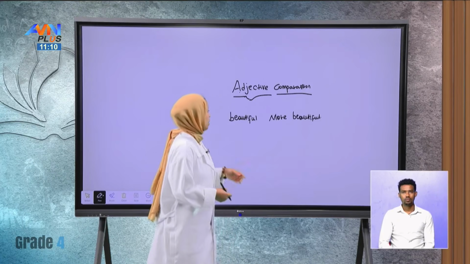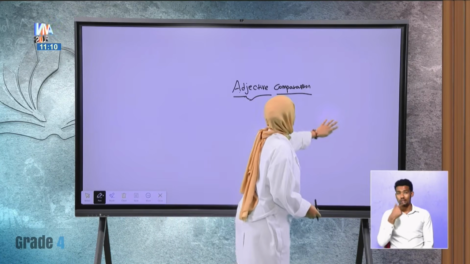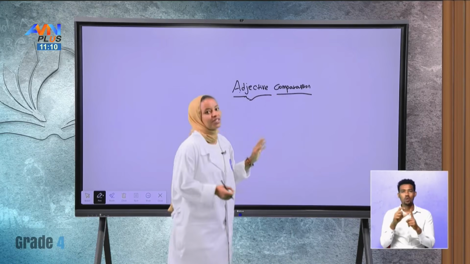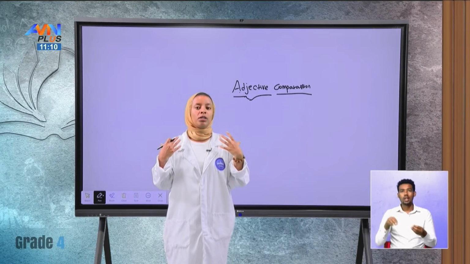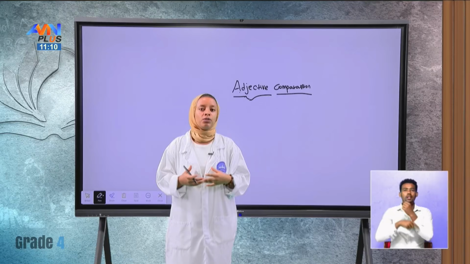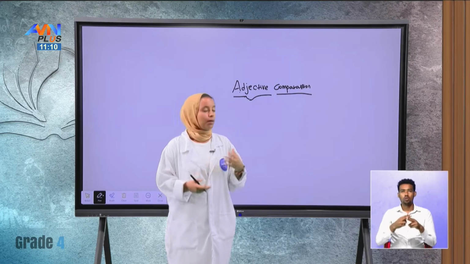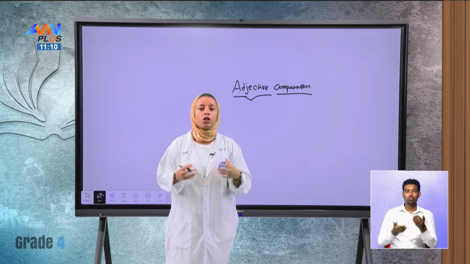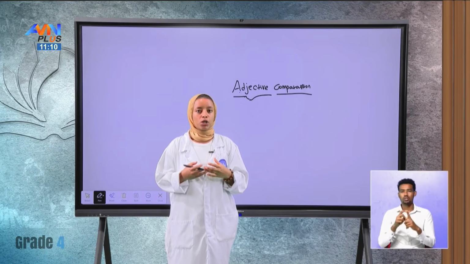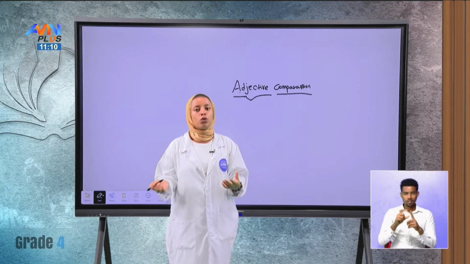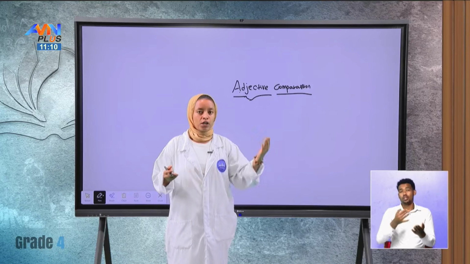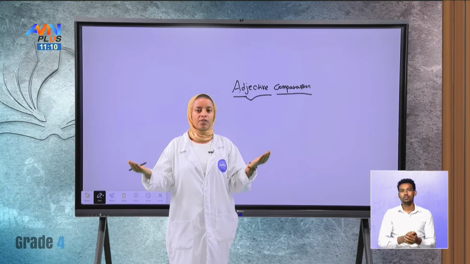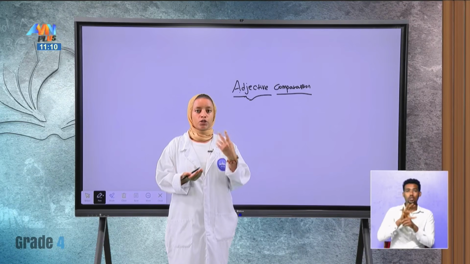So students, adjective is a word which describes a noun and gives more detail and more information about a noun. When we come to comparison, using comparative words, we can have two comparisons in an adjective: comparative adjective and superlative adjective.